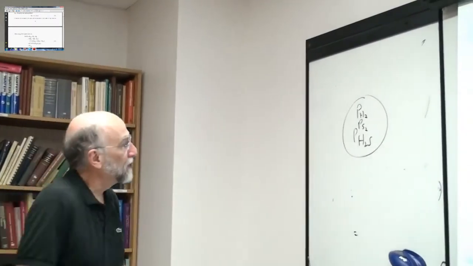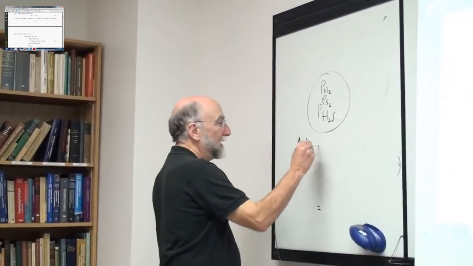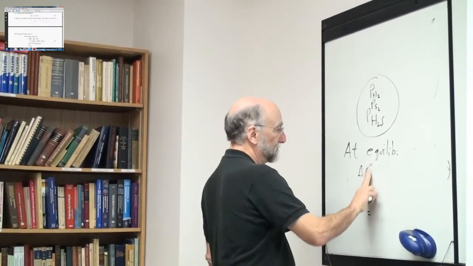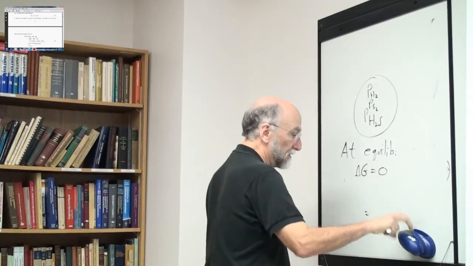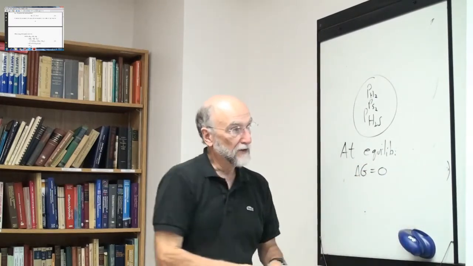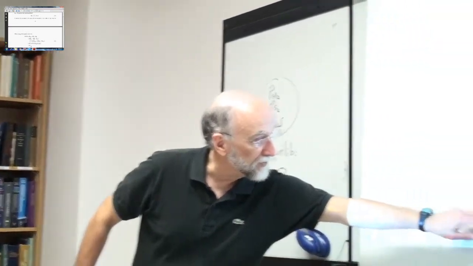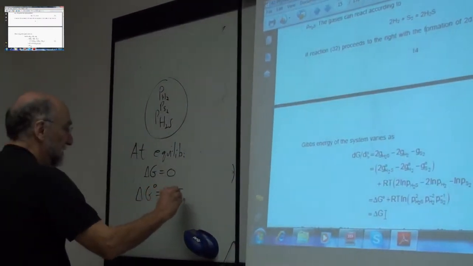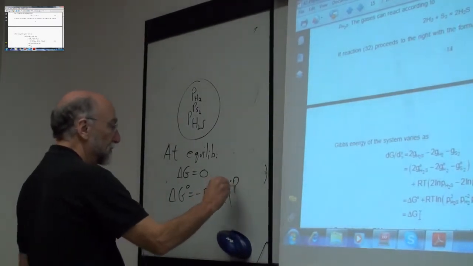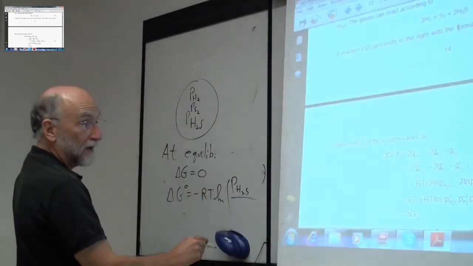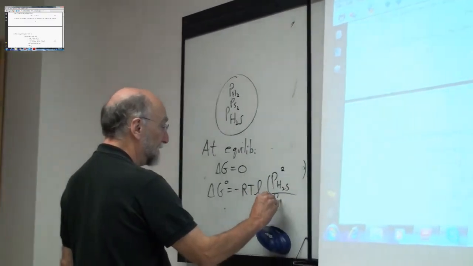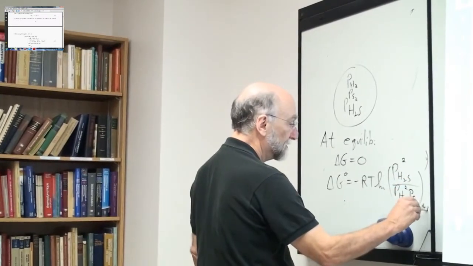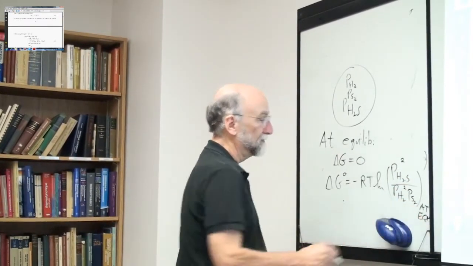Now, when you're at equilibrium, delta G equals 0. So if I'm at equilibrium, I'll put delta G equals 0, and then this equation gives me delta G 0 equals minus RT log of pH2S squared over pH2 squared times pS2 at equilibrium.